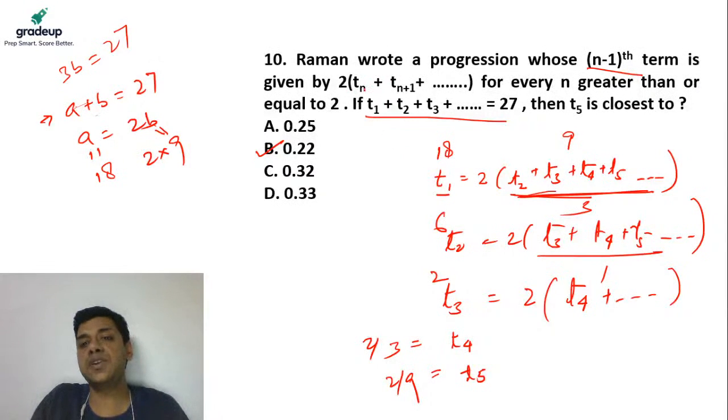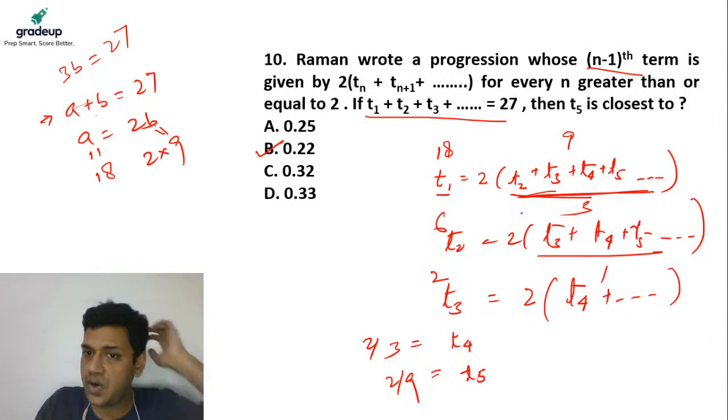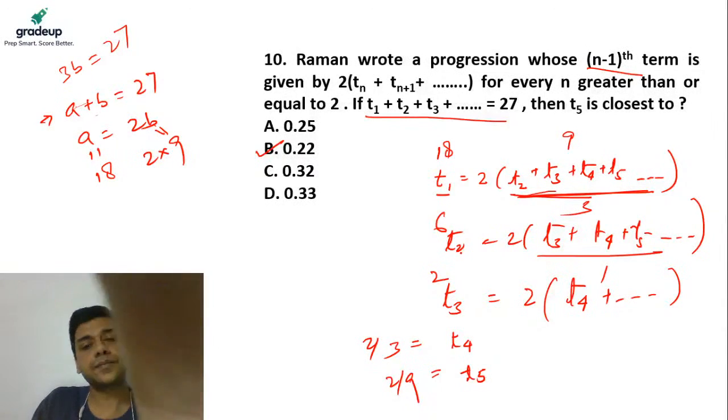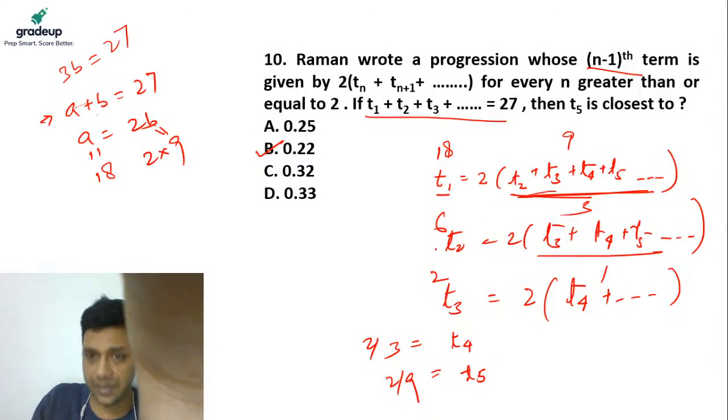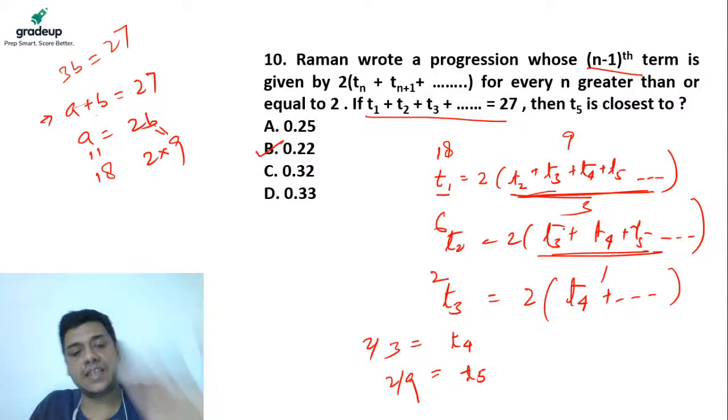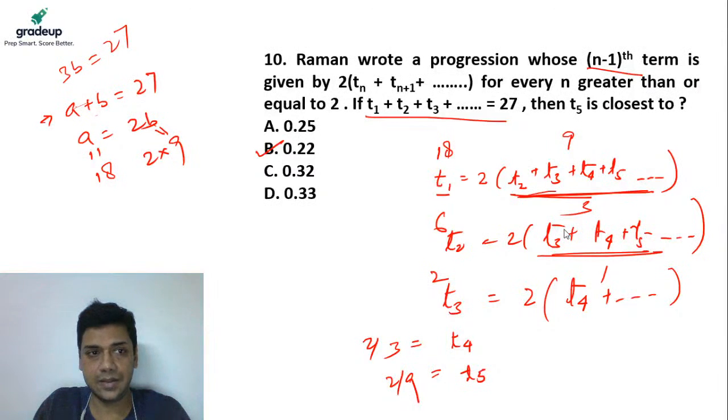So if I put n equal to 3, I get T2 equals 2 times T3 plus T4 plus T5 plus T6 and so on. The sum of T2 and all other terms is 9. So can I say this T2 is 6 and the sum of all other terms is 3.